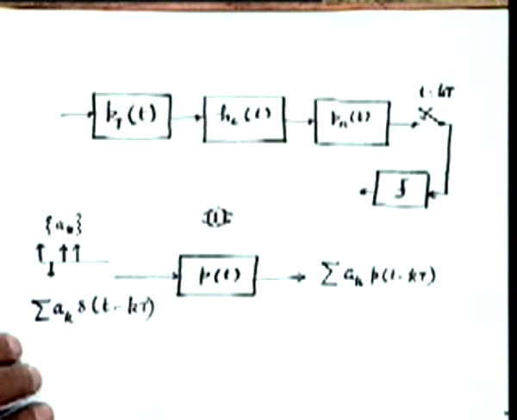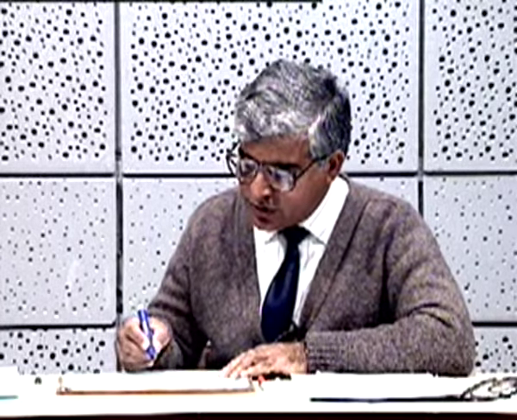So p(t) is the impulse response of the overall baseband system, given by p_T(t) convolved with h_C convolved with p_R. And let us work with this equivalent system here.